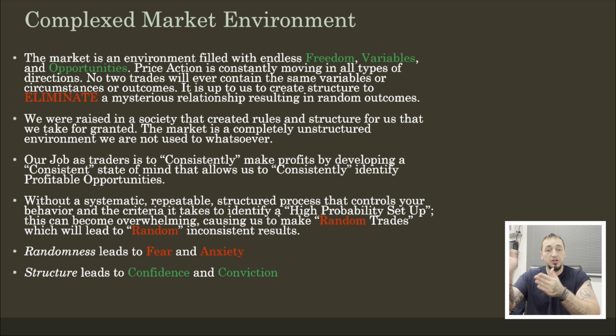So the structure within yourself and your ability to perceive this information is what makes the trader consistent. Without a systematic, repeatable, structured process that controls your behavior and the criteria it takes to identify a high probability setup, this can become overwhelming, causing us to make random trades which lead to random, inconsistent results.